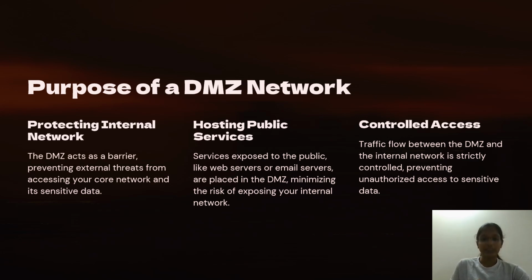Then hosting public services. Services exposed to the public, like web servers or email servers, are placed in the DMZ, minimizing the risk of exposing your internal network. Then controlled access. Traffic flow between the DMZ and the internal network is strictly controlled, preventing unauthorized access to sensitive data.